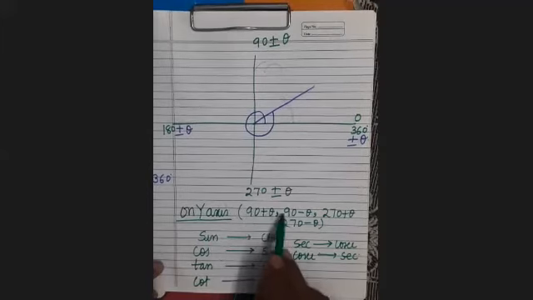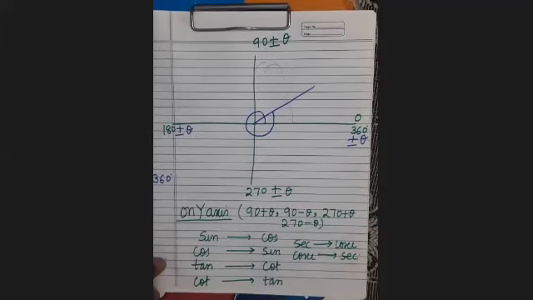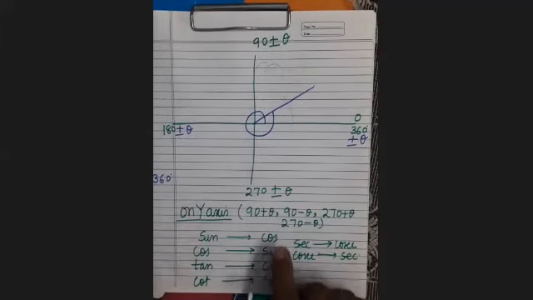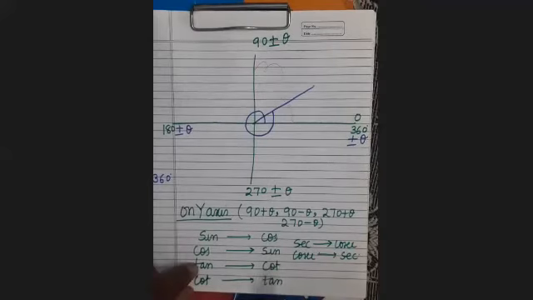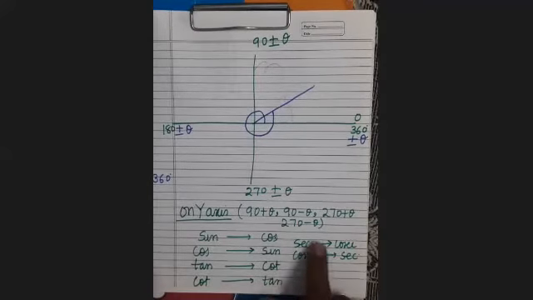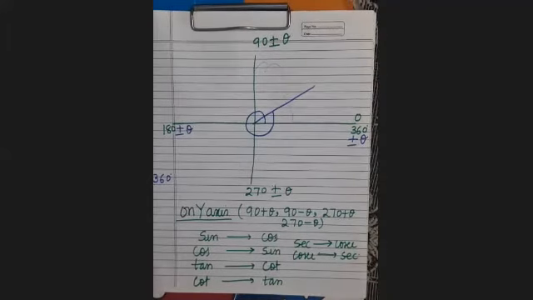If the angles are like this, तो उनका साइन किसमें चेंज हो जाएगा? cos में. cos किसमें चेंज हो जाएगा? साइन में. tan किसमें चेंज हो जाएगा? cot में. cot किसमें चेंज होगा? tan में. Sec will change into cosec, cosec will change into sec. Now you can see here. How will you determine the sign?